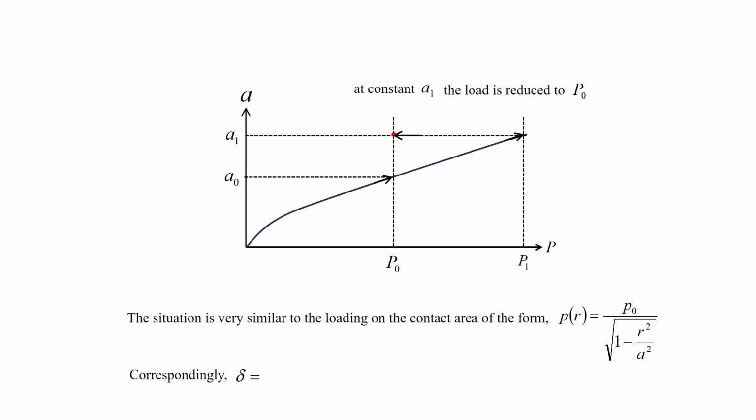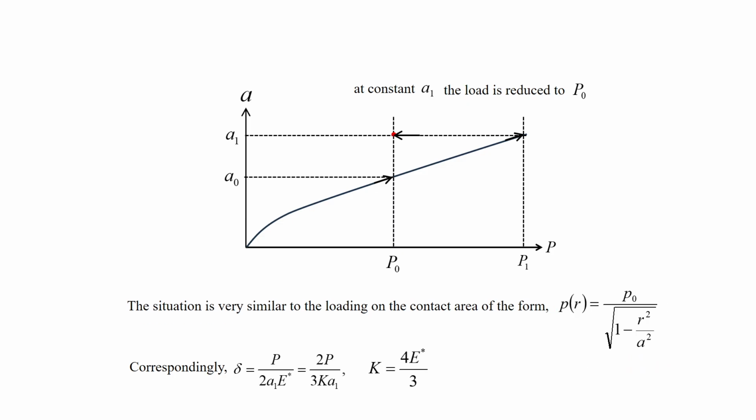Now, let us say the pressure is decreased from P1 to P0. So, correspondingly what is the delta here? The delta for this kind of pressure distribution we have derived earlier, and it is given by the equation P by 2 A1 into E star.